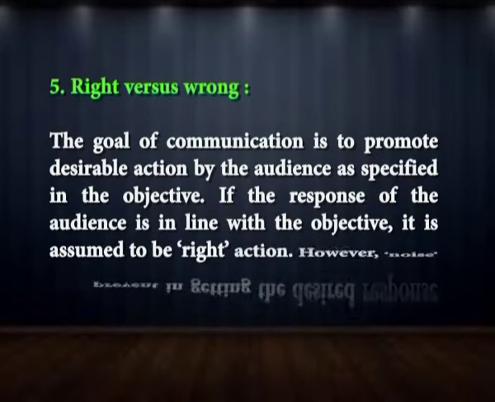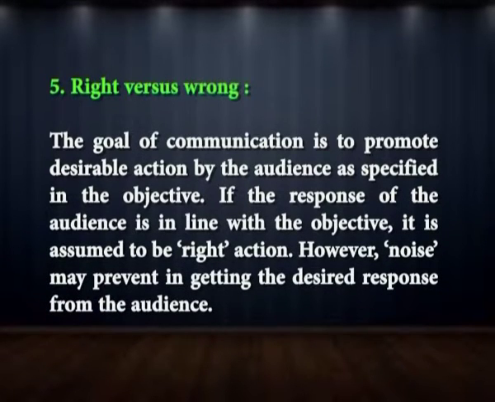The goal of communication is to promote desirable action by the audience as specified in the objective. If the response of the audience is in line with the objective, it is assumed to be right action. However, noise may prevent getting the desired response from the audience.